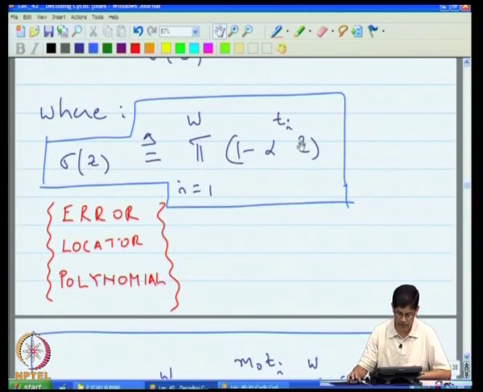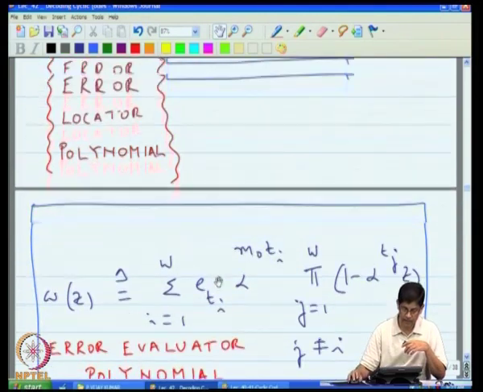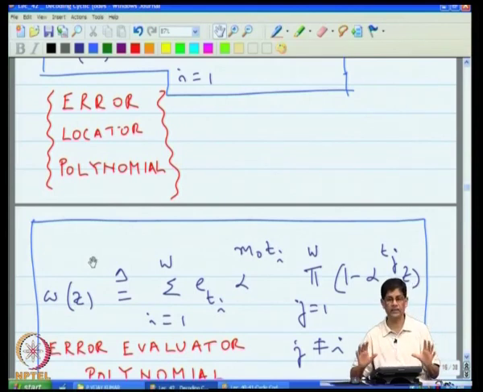And you can see that if you divide this by sigma of z, you will get the term for omega by sigma that we had earlier. Okay. Now, because the E sub ti's appear here, this is called the error evaluator polynomial. And the point being that if you can determine sigma of z and omega of z, then you can actually find both the error locations as well as the error values.